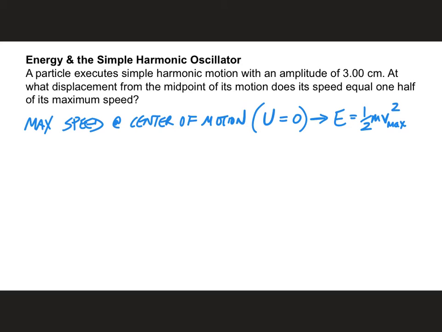So if you think of the mass on a spring, there's a spot at the relaxed length of the spring where the potential of that spring is 0 because it's not compressed or stretched. There's no restoring force, no potential available for the spring, so its speed is a maximum at that point.